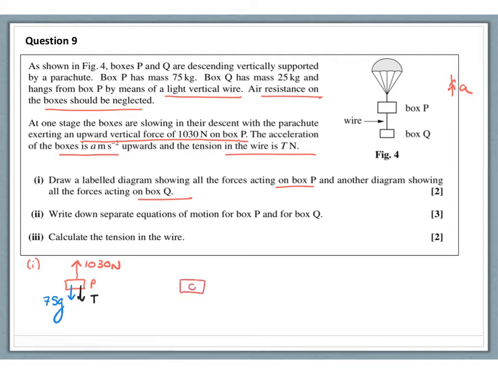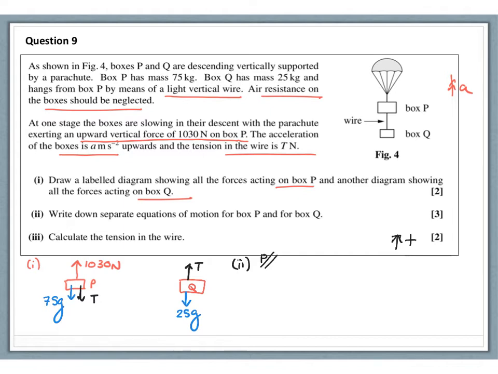Now, box Q, P and Q are connected by the same wire, so there must be a tension force upwards like that in the wire. And then we, of course, have the weight of Q, which is 25G, as demonstrated. Part 2. Write down separate equations of motion for box P and for box Q. So for box P, first of all, we will take up as the positive direction in both cases.